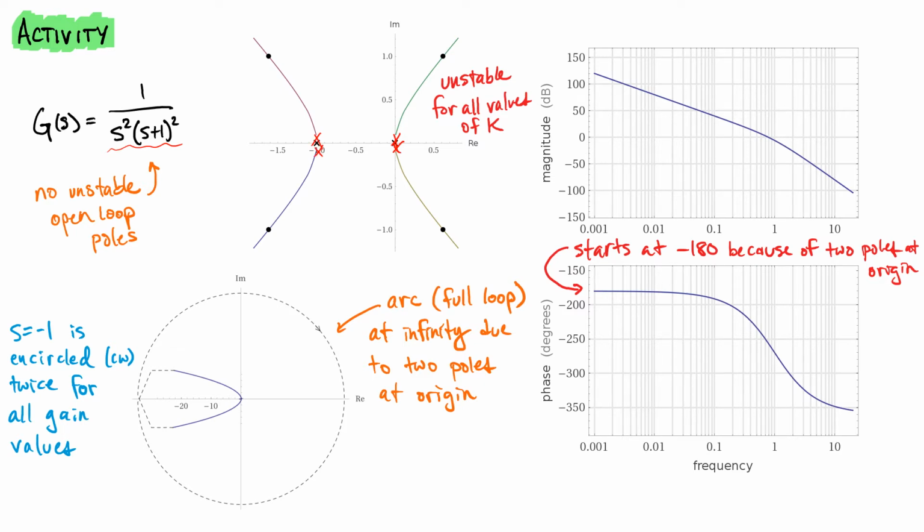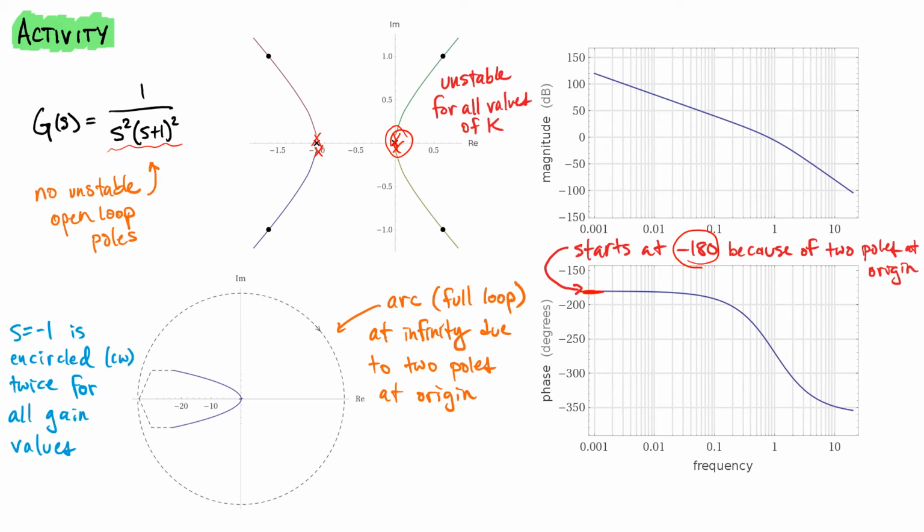When we take a look at the Nyquist diagram, one of the things this is telling us is that this Nyquist diagram is starting at -180. And if we look at the Bode plot, that's particularly clear, that this is effectively starting at -180. And that's because we have 2 poles at the origin.